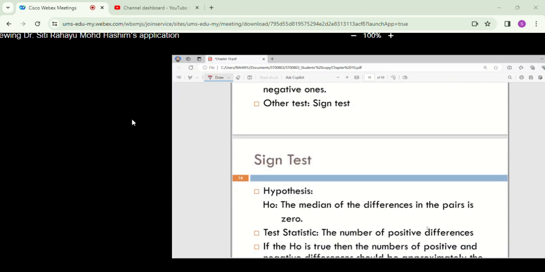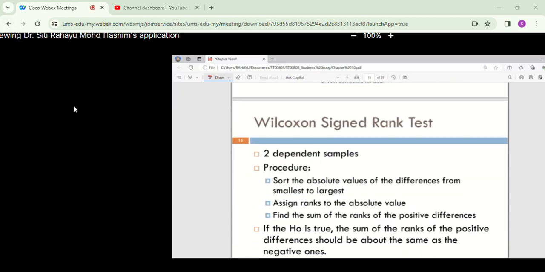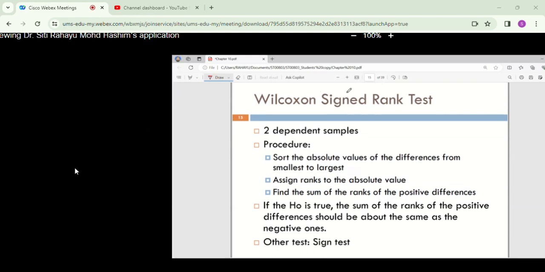Now, the next one is the Wilcoxon sign rank test. Sign rank is for dependent samples. The procedure is similar to the Wilcoxon rank sum test.